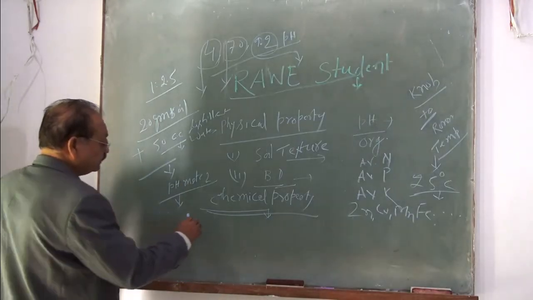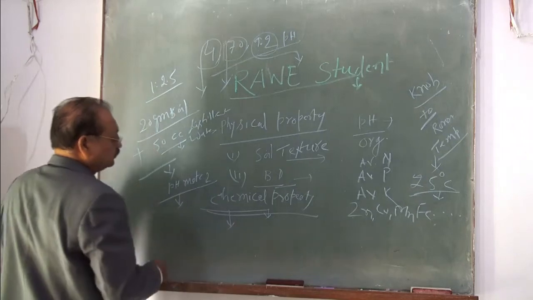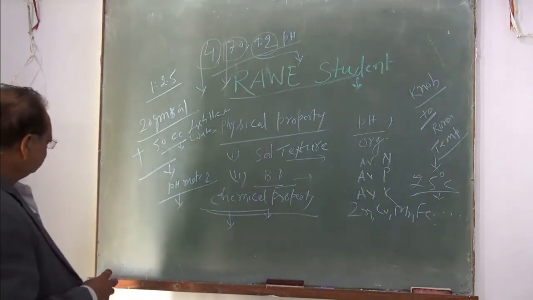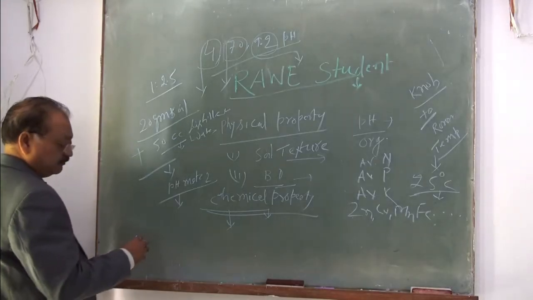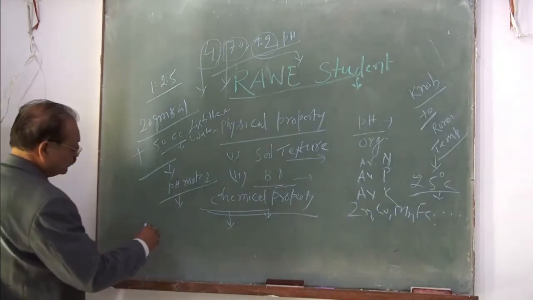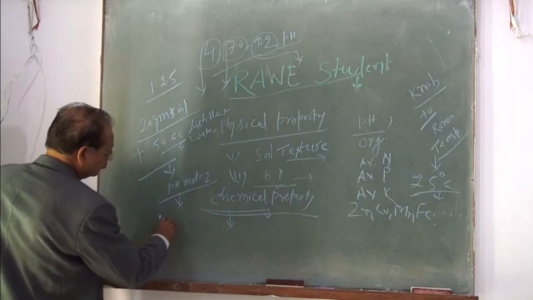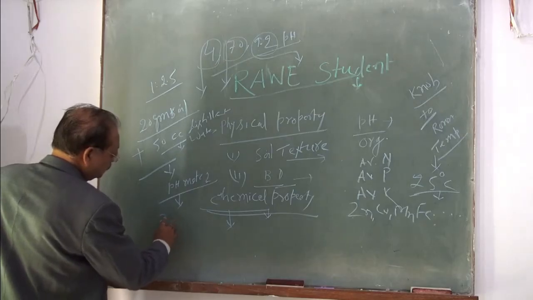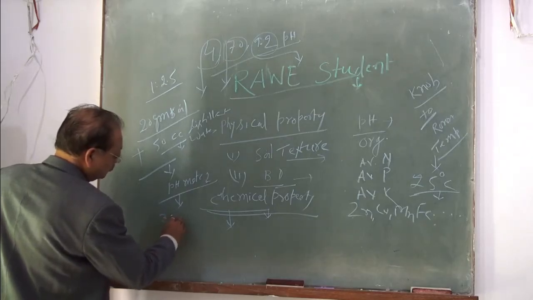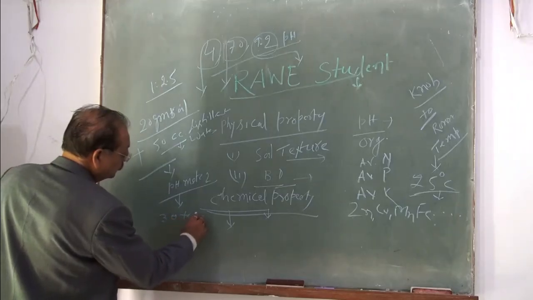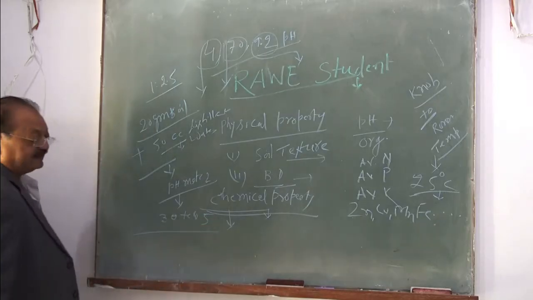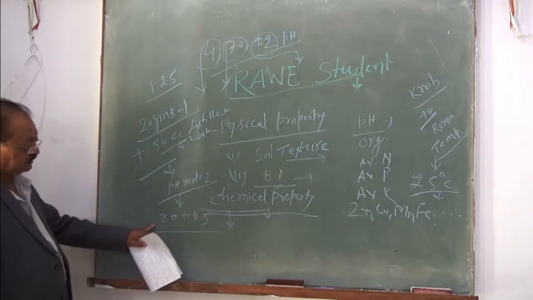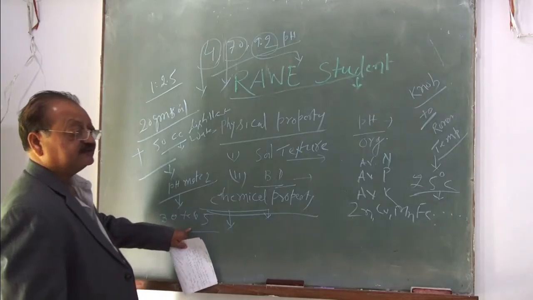Now, generally the pH of the soil varies from 3 to 6.5. This is called the acid range.